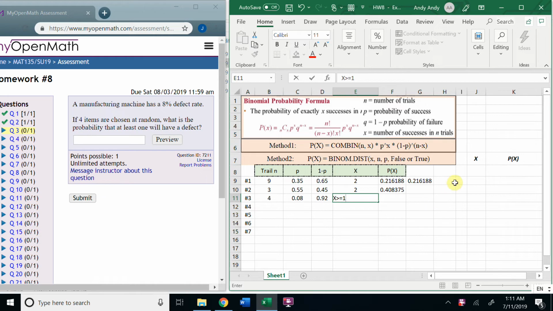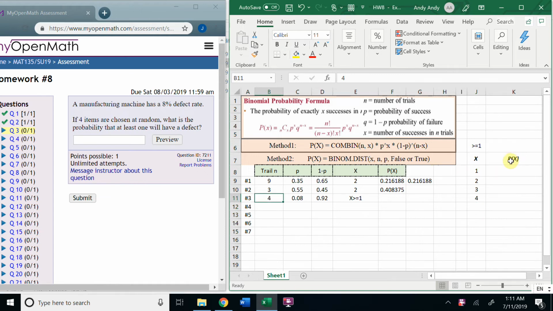So we have 2 ways to get the answer. First, X is greater than or equal to 1, so that means X is 1, 2, 3, 4, up to 4, because N is 4.